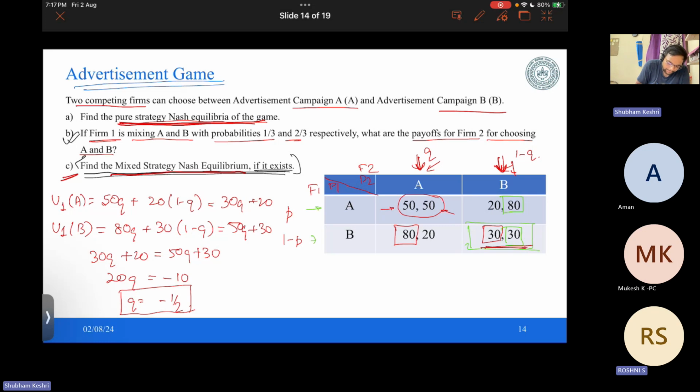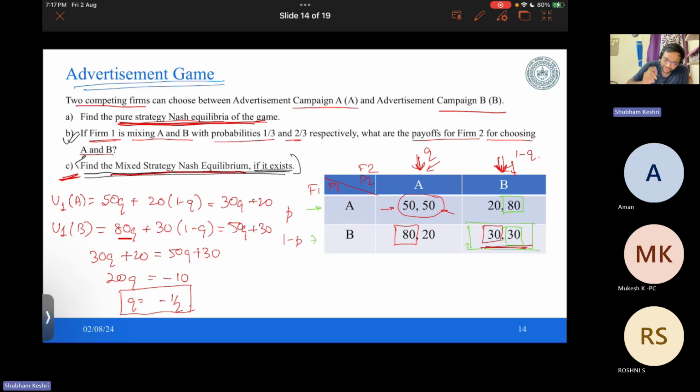I'm saying that utility of player 1 when he plays B is 80q plus 30 into 1 minus q, which should equal 50q plus 30. Yes, plus 30, right?